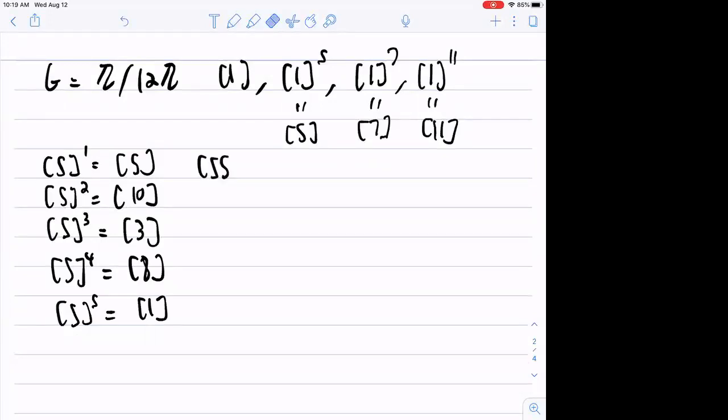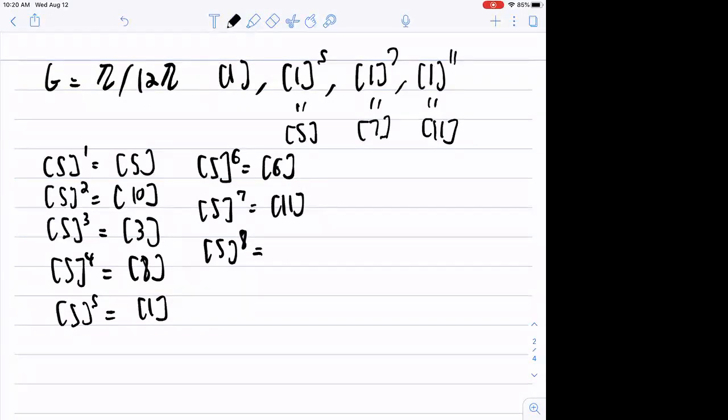Hopefully you are all convinced by now. So 5 to the 6th is 6. 5 to the 7th is 11. 5 to the 8th, so 16 mod 12 is 4. You know, so on and so forth, right?